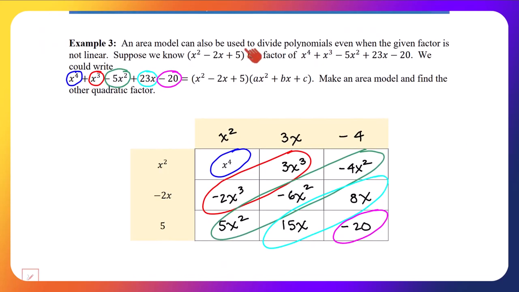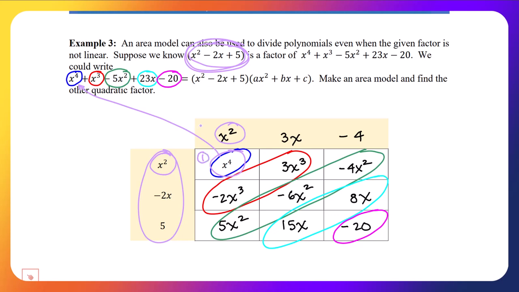The same is true if we're dividing by something a bit more complicated. It really isn't. Fortunately, math is very consistent. Here is our divisor, the factor that we know. We still need to make the x to the 4th. x squared times x squared will make the x to the 4th.